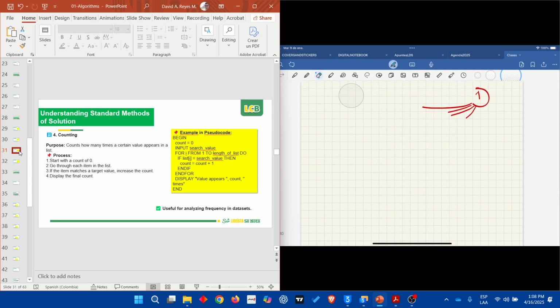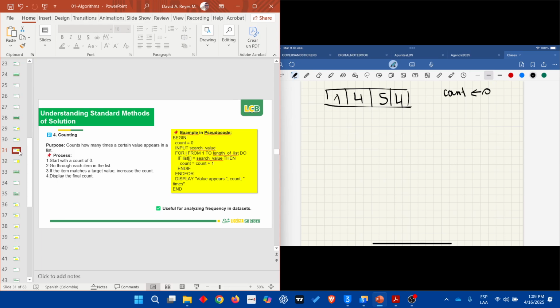Let's suppose that here we have the same values: 1, 4, 5, 4 once again. There is a variable that is called count, and it starts at 0.